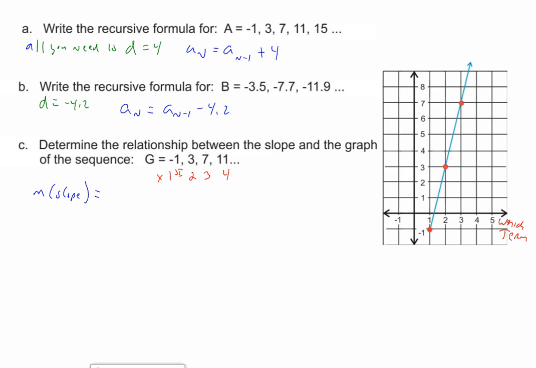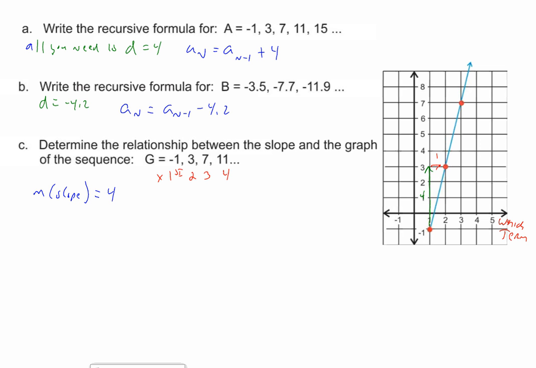4. All right, so the slope of this thing is 4, because all you did is pick 2 clear points and figure out the vertical change, which is 4, and the horizontal change, which is 1, and therefore the slope is 4 over 1, which is 4. Now let's write the recursive formula for this sequence, and we already have it.